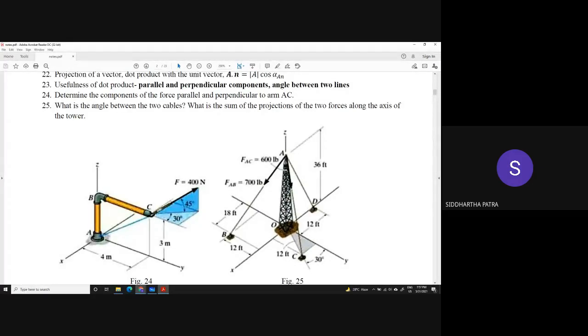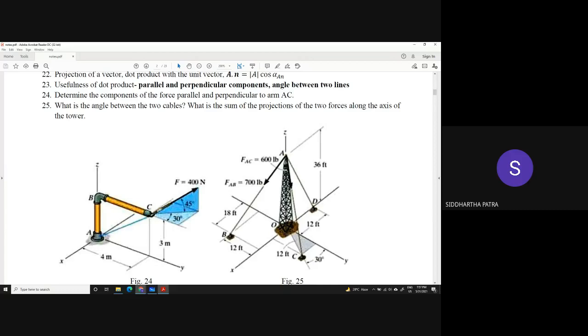You can either take the individual forces, take the dot products and add them up. Otherwise you can find the resultant of the two forces, and then take the dot product of the resultant with the axis. And as we have shown earlier, both methods are supposed to give you the identical result.